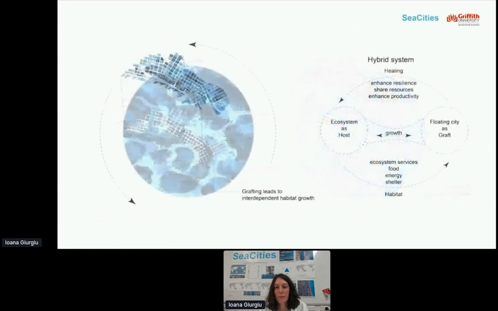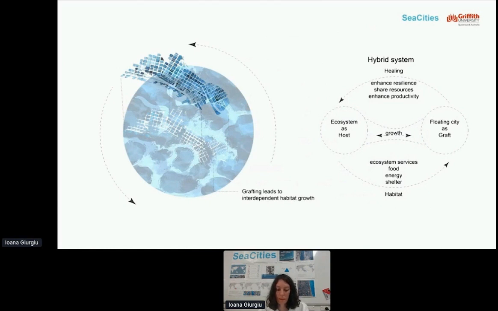By comparison, a city functioning as a graft would aim to support ecosystem growth by sharing resources and enhancing ecosystem resilience and productivity in order to maintain positive feedback loops between city and ecosystem.